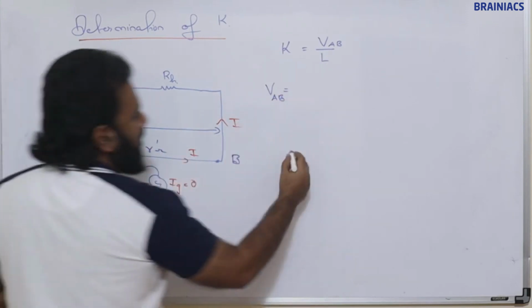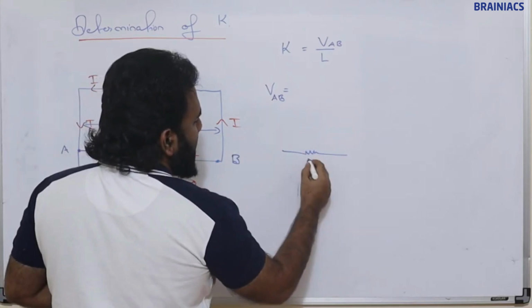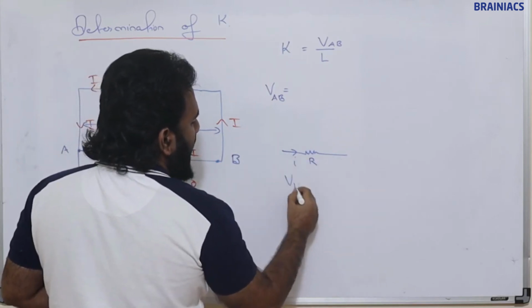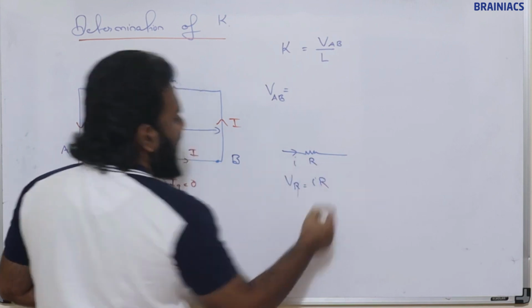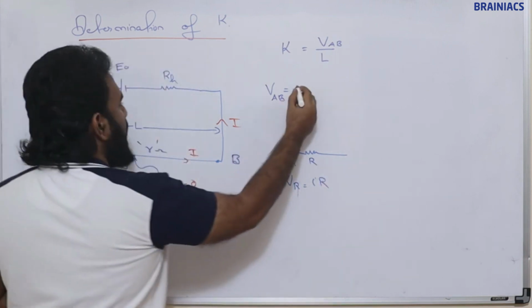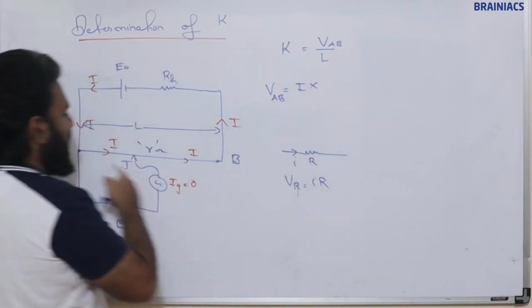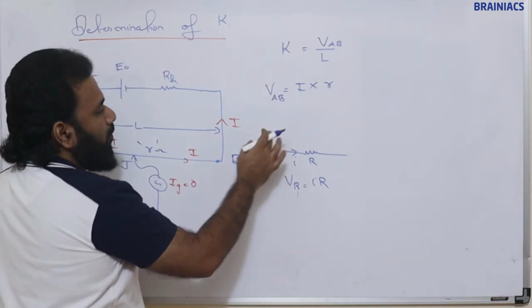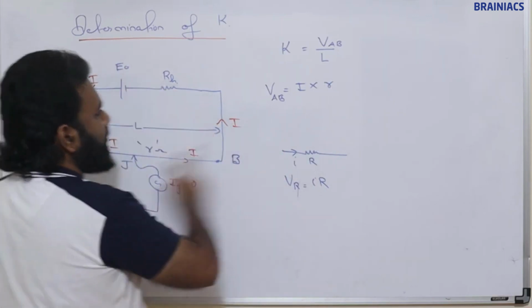Now what is VAB? Voltage across this. Suppose this is a resistance R, and I is going through this, the voltage across this R is nothing but IR. In the same way this is going to be I into small r. Now what is this current I?